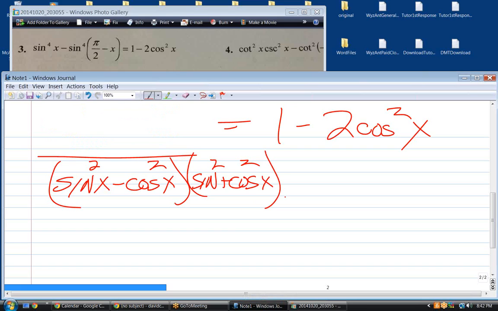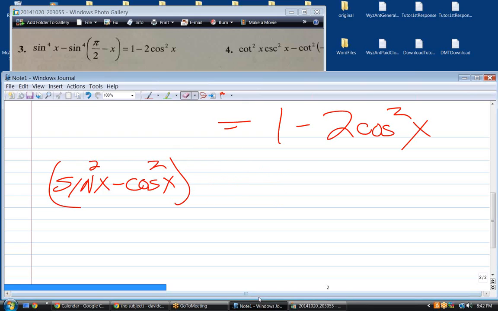What's sine squared of x plus cosine squared of x? Uno. So now we're down to that. Now all we need to do is plug in for sine squared, because we're going to plug in 1 minus cosine squared.